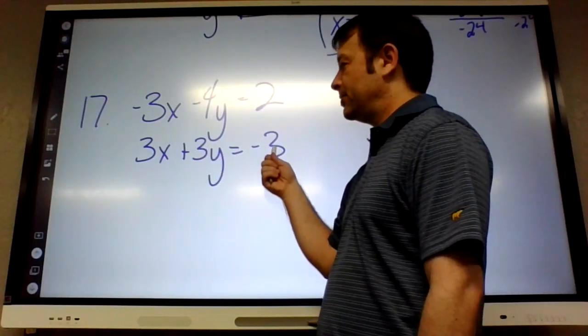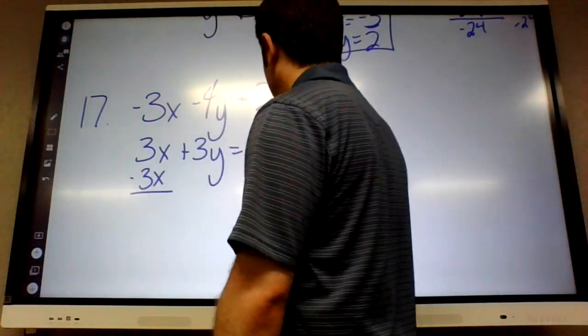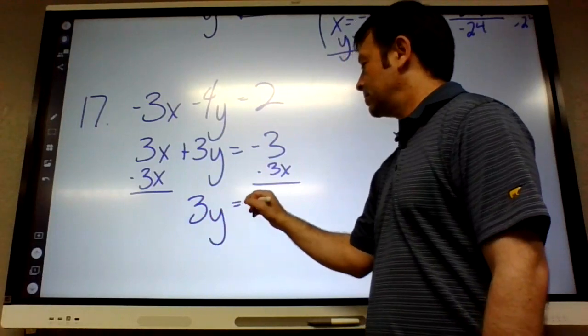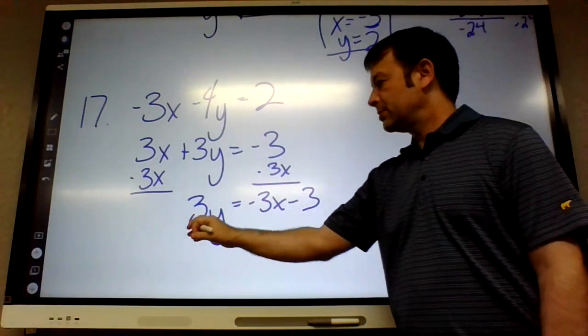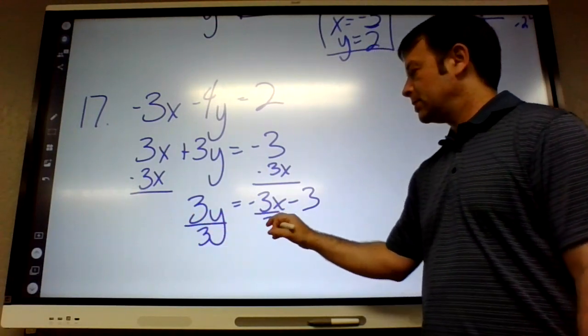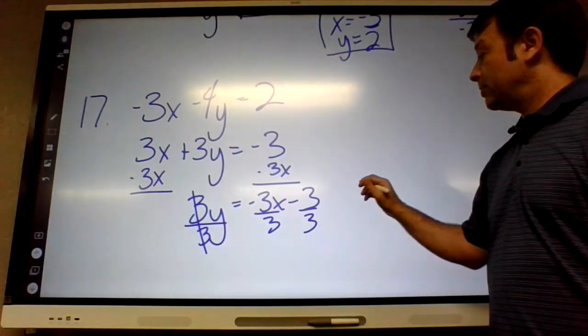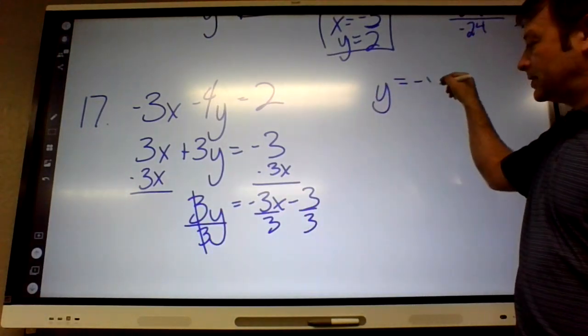You could actually divide by 3 at the beginning, but let's go ahead and do it the old-fashioned way. So divide by 3. So we get y equals negative x minus 1.